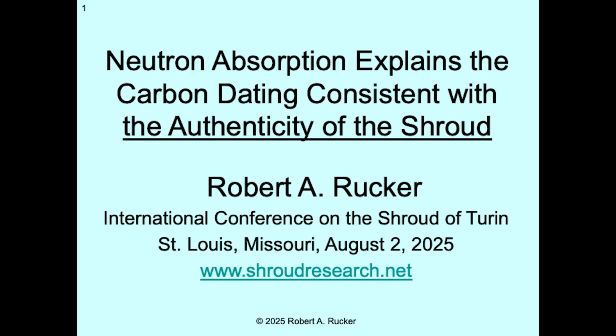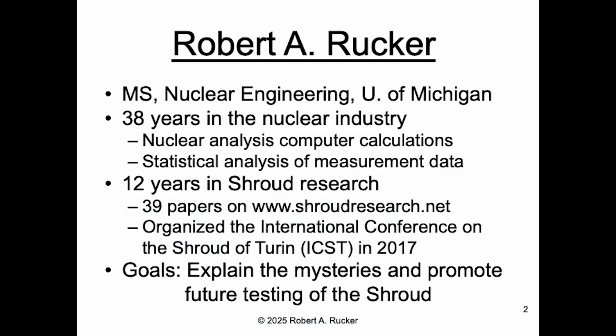Our next speaker is Bob Rucker. He earned an MS degree in nuclear engineering from the University of Michigan and professional engineering certificates in nuclear engineering and in mechanical engineering. He worked for 38 years in the nuclear industry, performing nuclear analysis computer calculations for the design of nuclear reactors, criticality, safety analysis, and statistical analysis of experimental measurements.